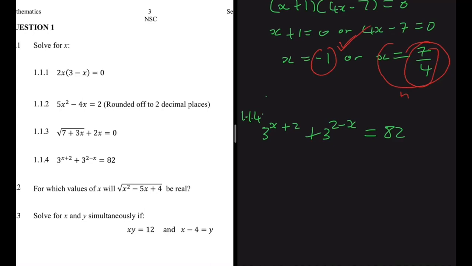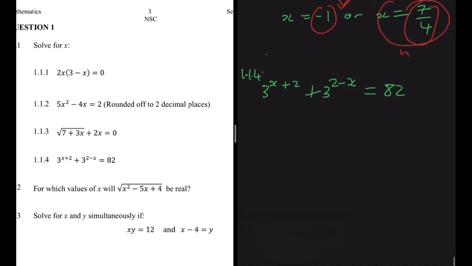And then if I give everything a base of 3, I can let 3 to the power of something be k and factorize with ease, right? But there's no way you can put 82 to the base of 3 and have a whole number as the power of the 3, right? So yeah, now it becomes a bit complicated, but let's see what we can do.